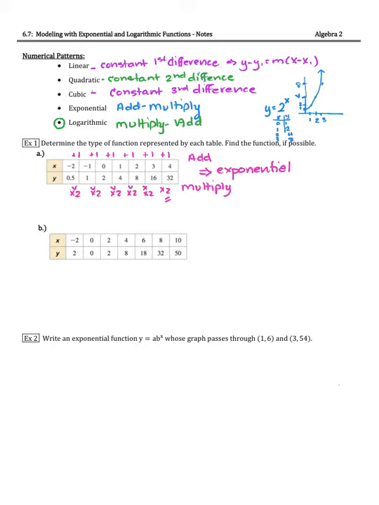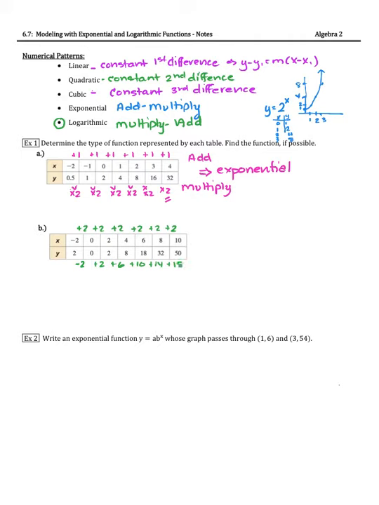Okay, so let's take a look at this next one. Let's see what's going on. So I see I'm going up by 2, up by 2. So these all have an add property on top, constant rate there, but in the y values, so this first one I subtract 2, then I add 2, then 6, then 10, then 14, then 18. So obviously it's not linear.